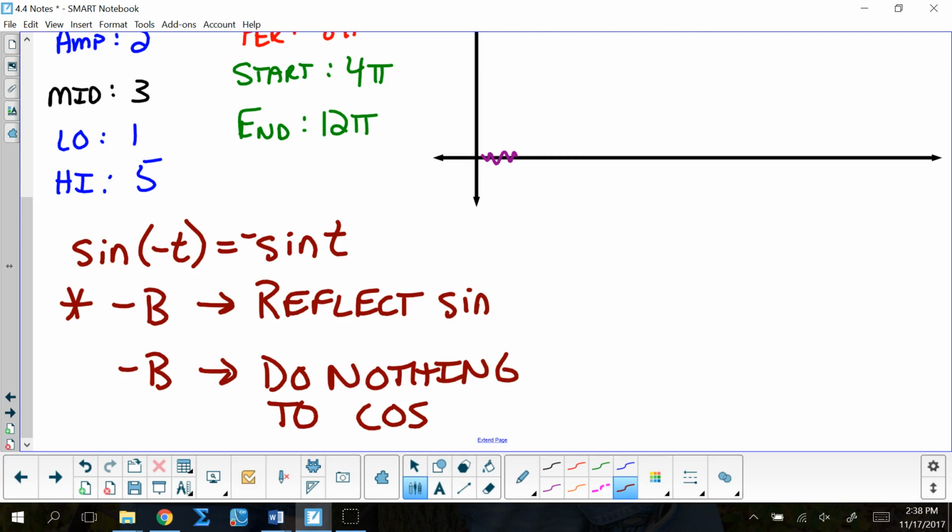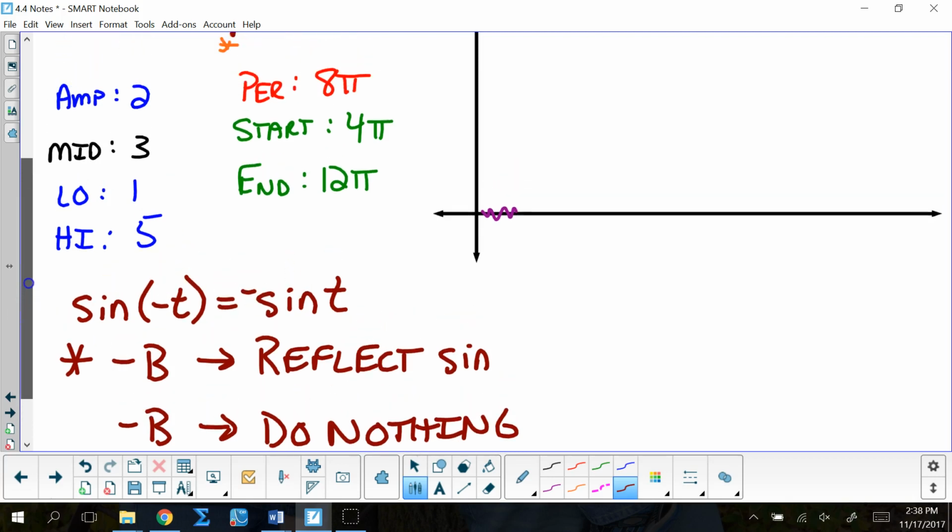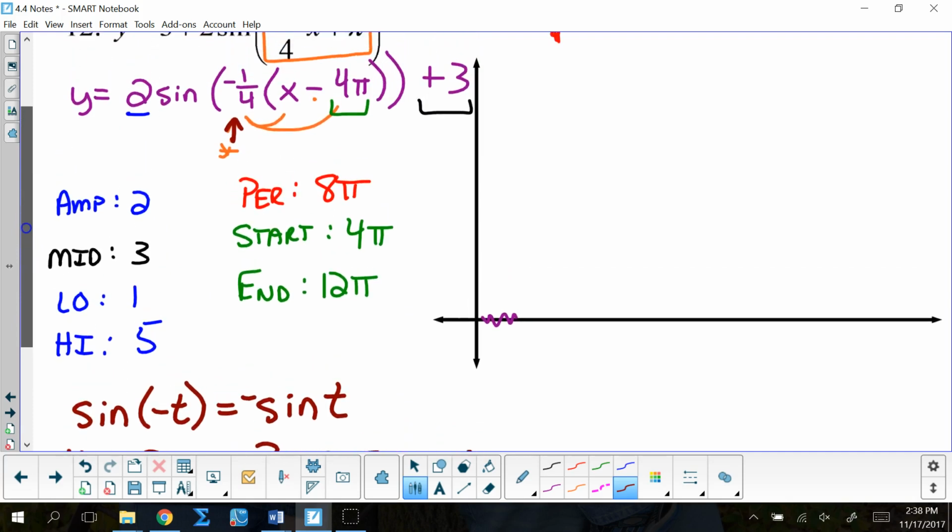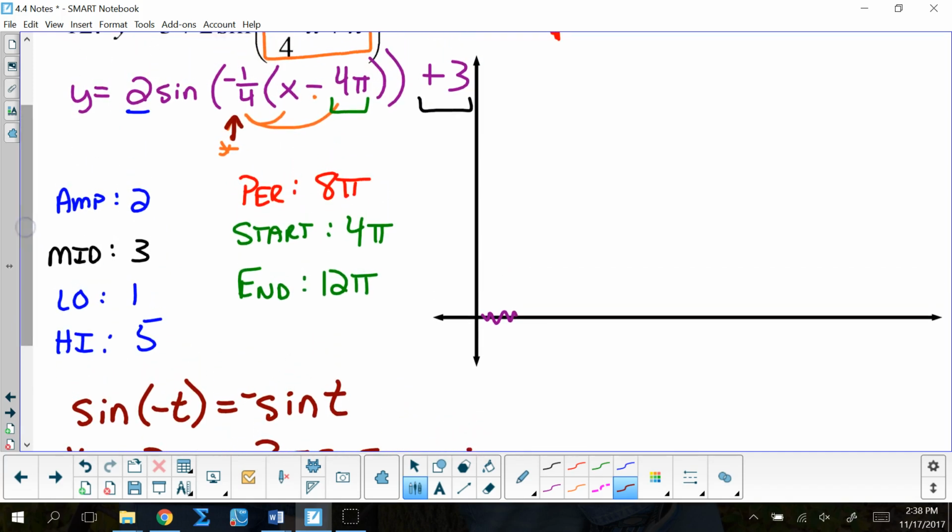Okay, so a negative b value will only reflect the sine curve. This is a sine curve, so it is going to reflect it. So instead of starting and going up, I'm going down, and then back up.